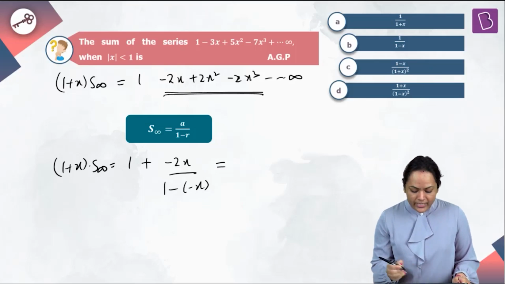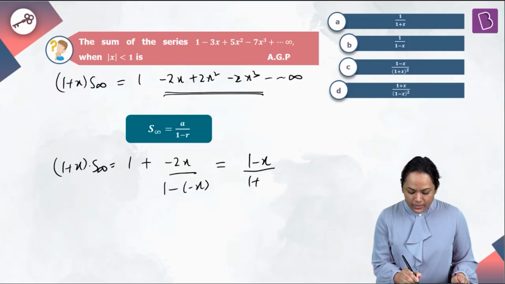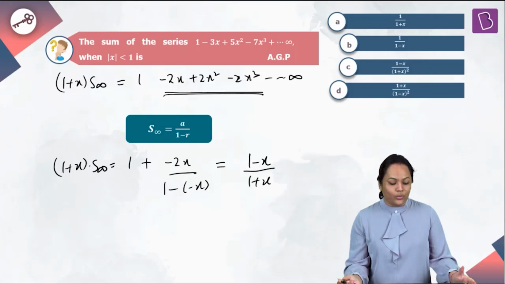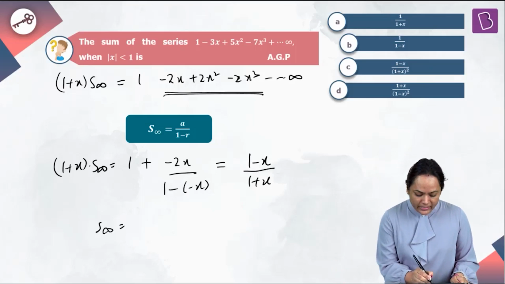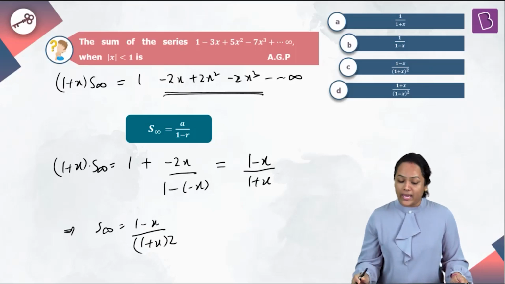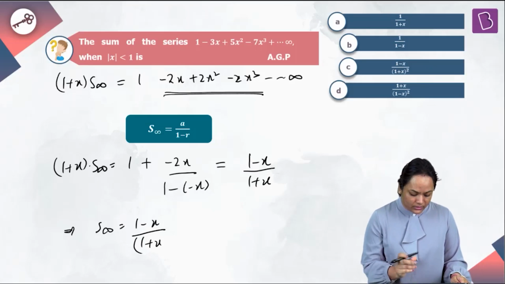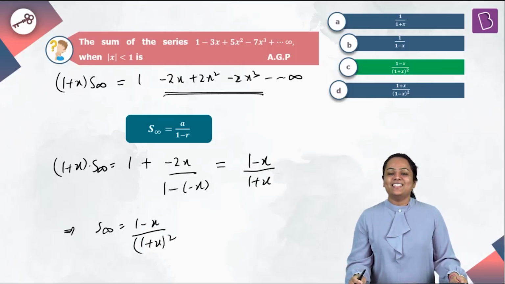When I simplify or take the LCM, this will become 1 minus x divided by 1 plus x. So now I have got the value of s infinity. So s infinity finally comes out as 1 minus x divided by 1 plus x whole square. And if we see the options here, we can say that C will be the right answer. Have you understood? Very well.